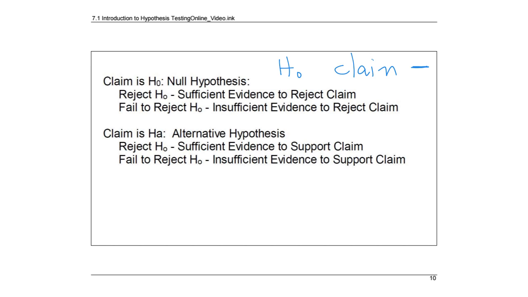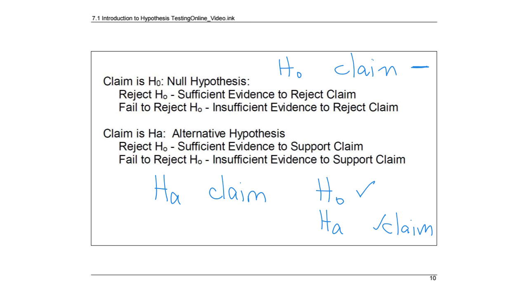Now, the tricky part is when we have the alternative hypothesis as the claim. Remember, we're always rejecting the null or failing to reject the null. If the claim is the alternative and I reject the null, then I have evidence to support the claim.